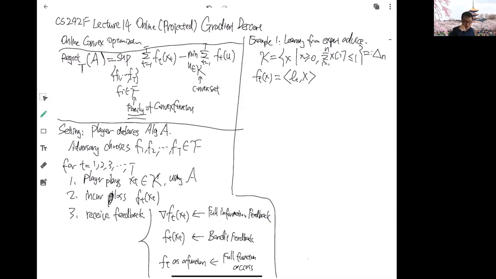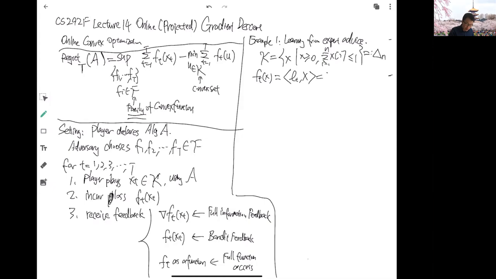It's not a 0-1 vector. It can be anything that's bounded between 0 and 1. And then we've talked about the hedge algorithm that can actually achieve logarithmic dependence on n, and the learning bound that has lower regret, right? So every coordinate of this L corresponds to the loss that you incur if you pick that expert.